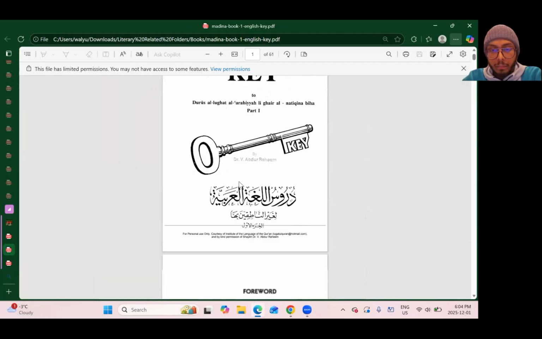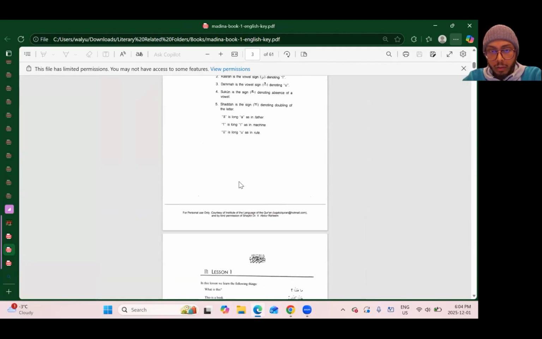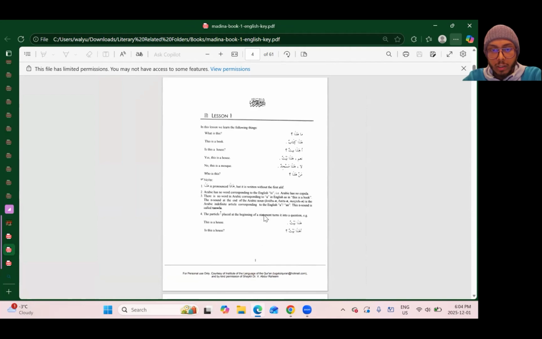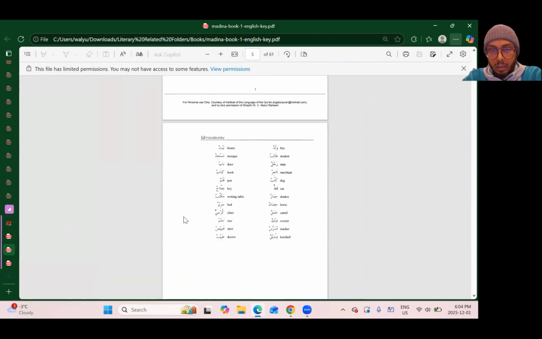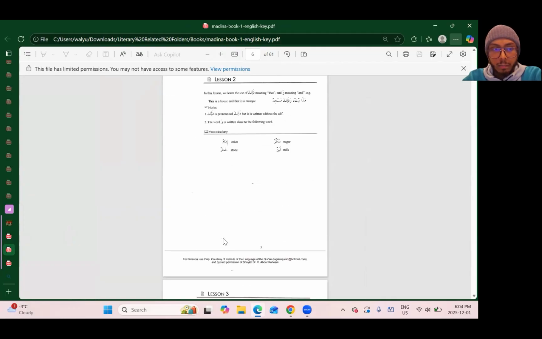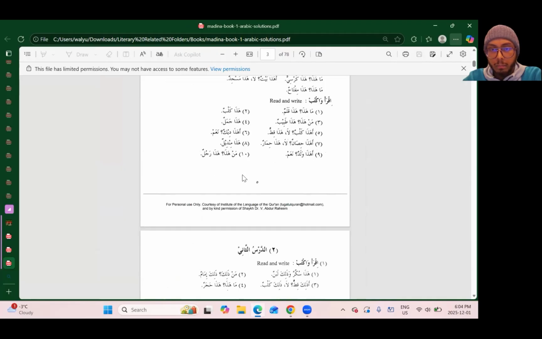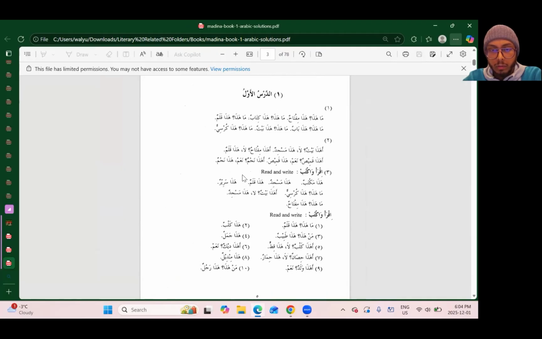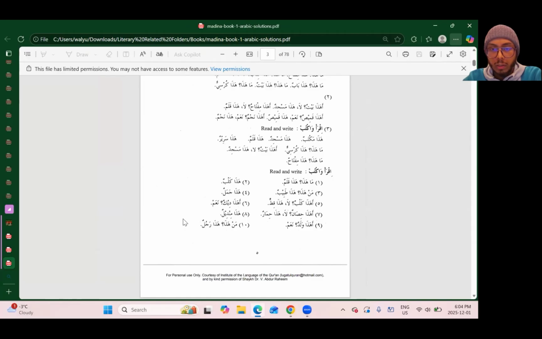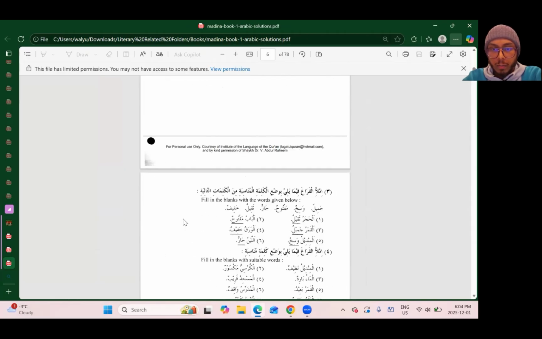This is the English key, very fundamental. It has the summary of each lesson in English and explains all the concepts. It has the vocabulary for each lesson. And then there is a solution manual, very self-explanatory. You can find the solutions and check your work.